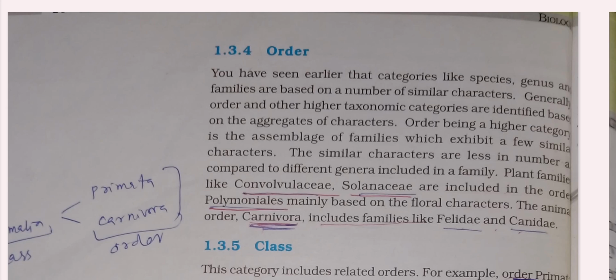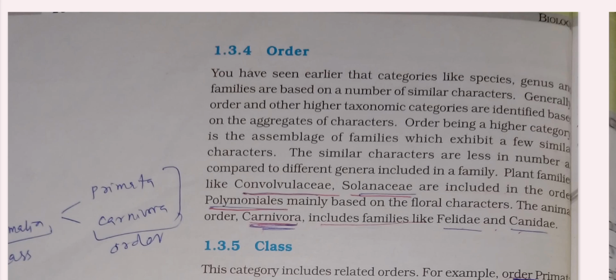Suppose you all go to school, 6th, 7th, 8th, 9th, 10th, 11th, 12th. In the assembly, all students of all classes gather. That assembly is called the order.